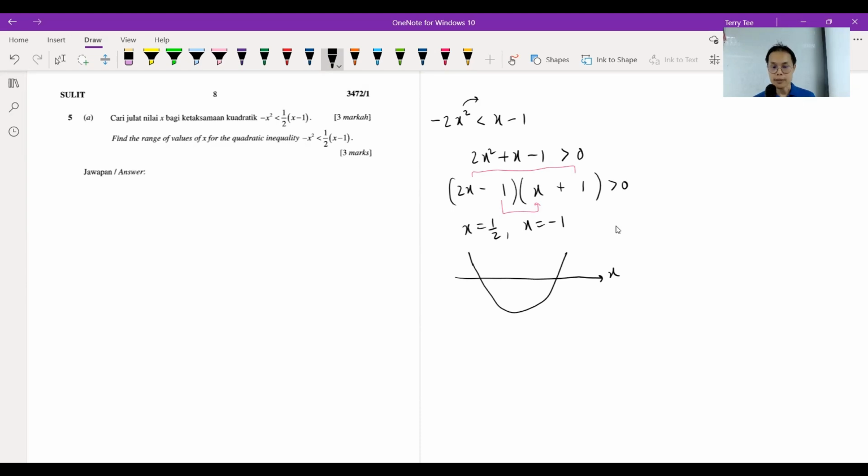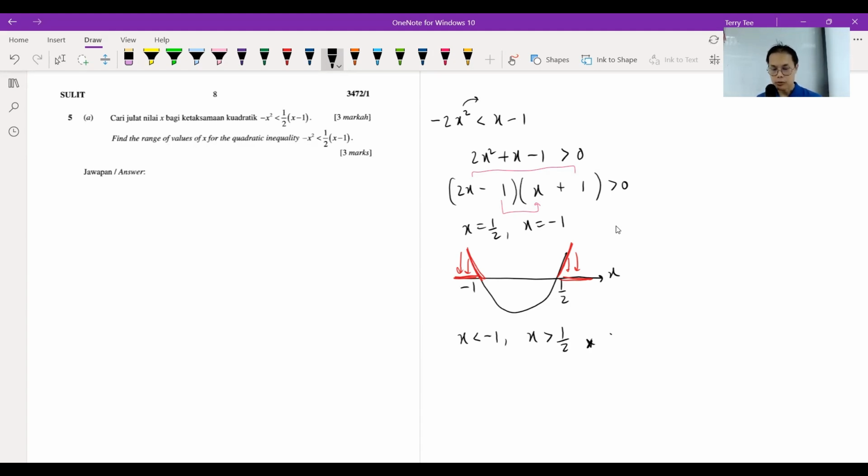So we know x is either negative 1 or positive half. And you want the whole inequality to be more than 0. More than 0 means the region should be above here and above here. Just move it down, and note that in order for the whole y value to be more than 0, my x value should either be less than negative 1 or more than half.